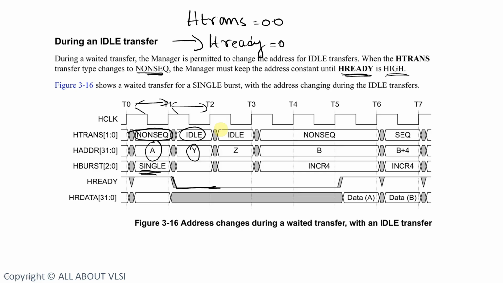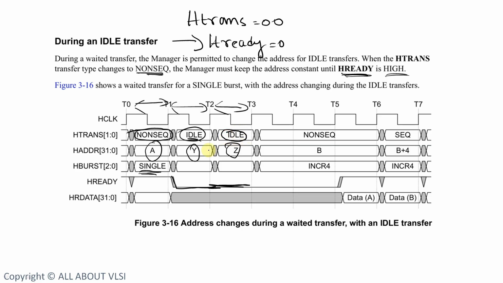The exception is, whenever HREADY is equal to 0 and the transfer type is idle, the master is allowed to change the address during the wait state. Here you can see in the T2 to T3 clock cycle also our HREADY is equal to 0 and the transfer type is idle.